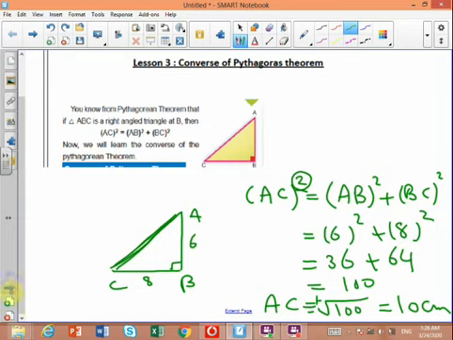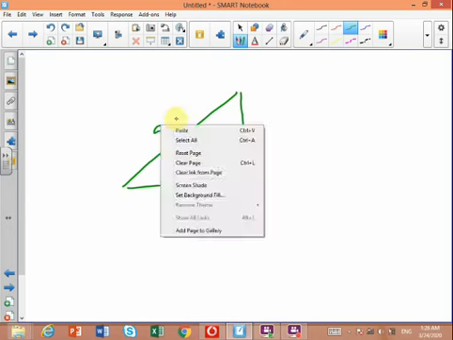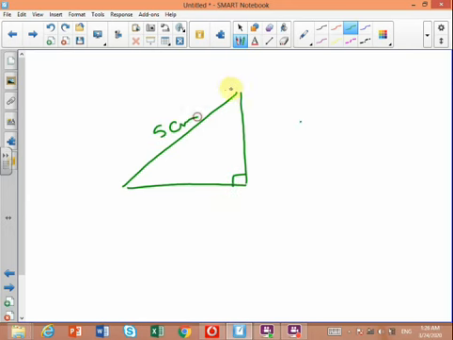What if I have a right angle triangle and he tells me that AC is 5 centimeters, one of the two sides is missing, BC is 4, and I want the length of AB? AB is one of the sides, not the longest side, not the hypotenuse.